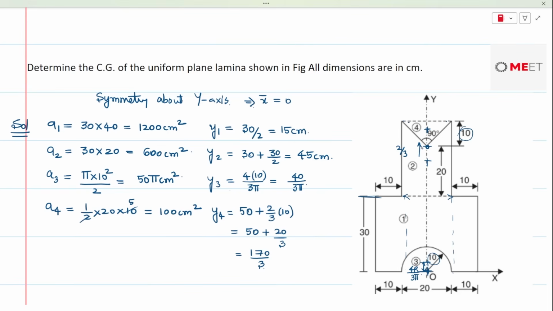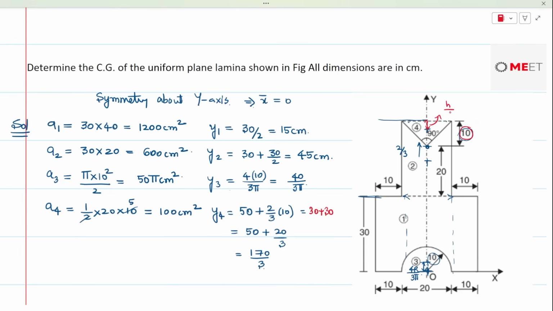And if you are interested, the same thing can be expressed in a different way. Let's take the total height. Total height comes out to be 30 plus 30, which is 60. And from this side, if we are going downwards, this dimension would be h by 3, where 10 is h.